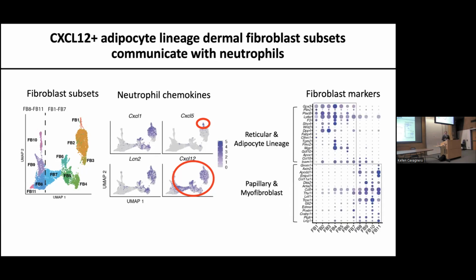Now, to characterize these cells further, we looked at expression of known fibroblast subset markers. And we found that clusters 1 through 7 also highly express reticular and adipocyte lineage markers, but not papillary nor myofibroblast markers. Therefore, we've defined the fibroblast subsets as a whole that talk to neutrophils as CXCL12 positive adipocyte lineage.